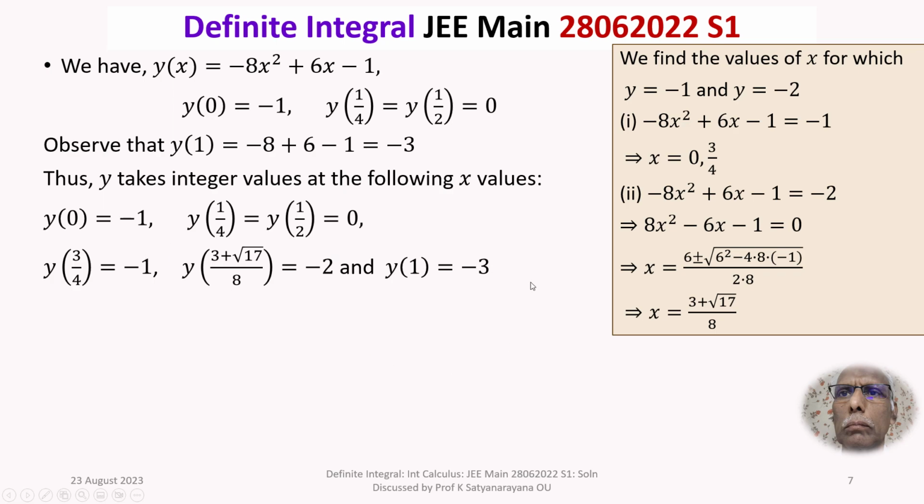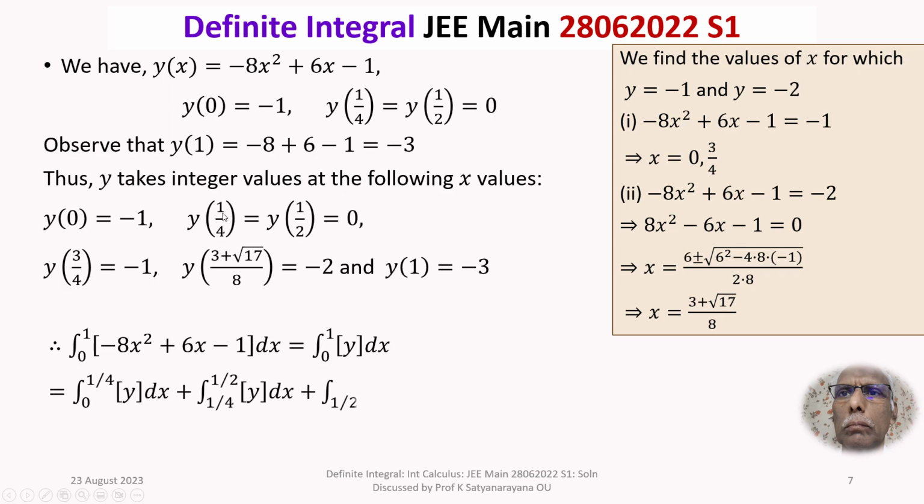Y travels like this. So therefore, integral 0 to 1 bracket minus 8x square plus 6x minus 1 dx is equal to integral 0 to 1 bracket y dx. Then this integral is broken into pieces and into different intervals. This is interval 0 to 1 by 4, right? Integral 1 by 4 to 1 by 2, agreed.